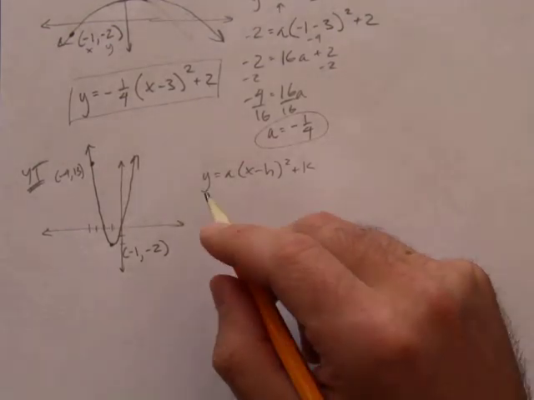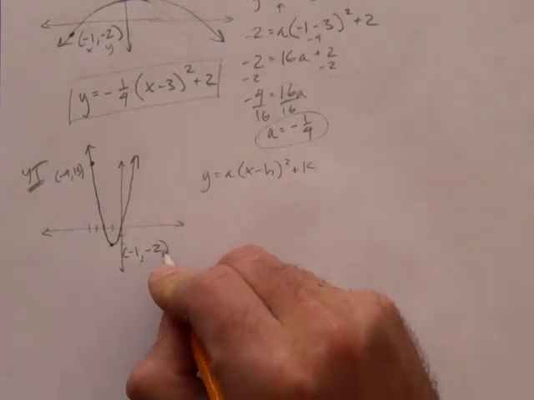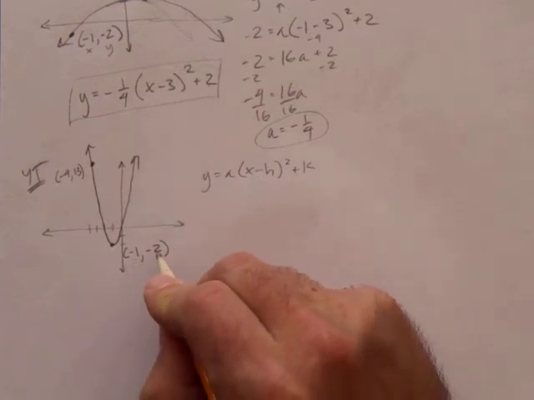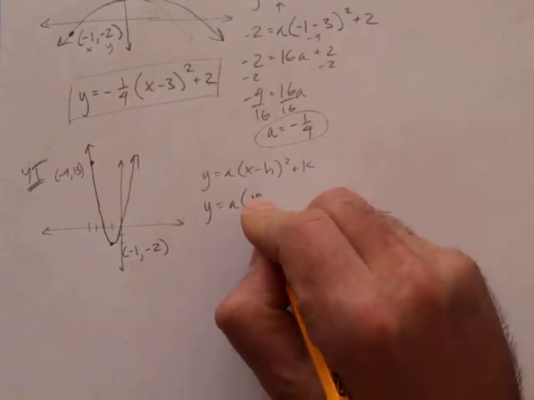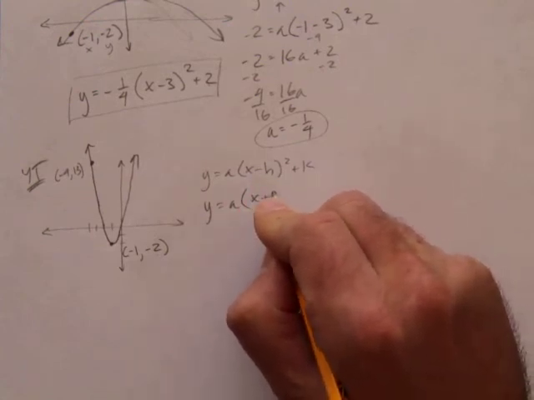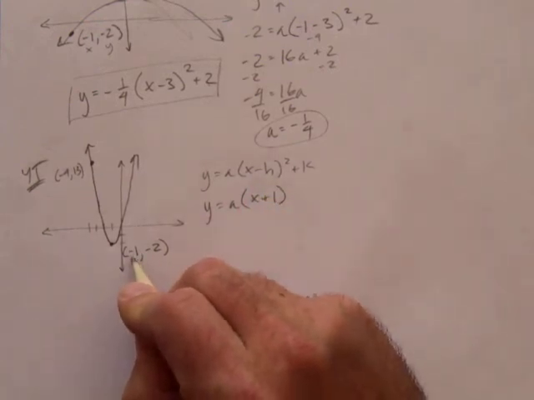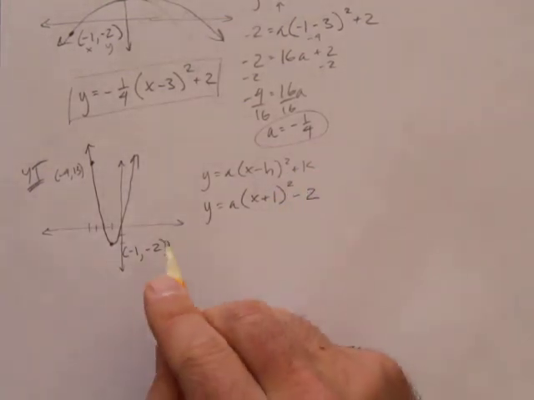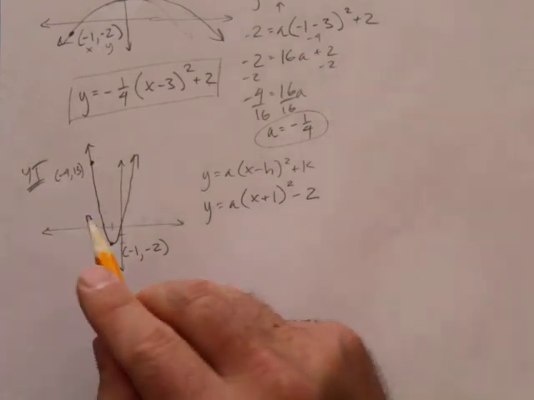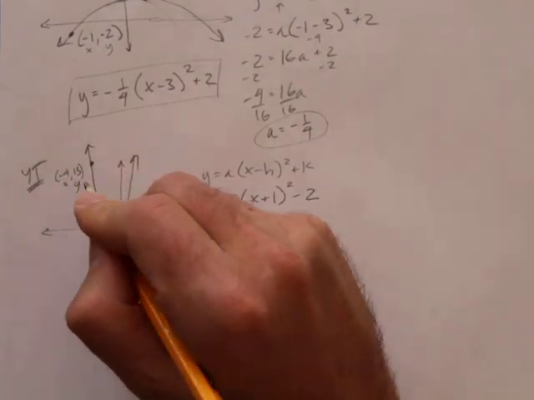All right. Okay, here's the vertex, (-1, -2). So y equals a times (x plus 1), remember it's the opposite of what you think it might be, squared, minus 2. Okay, now I'm going to plug in my x and my y values there.